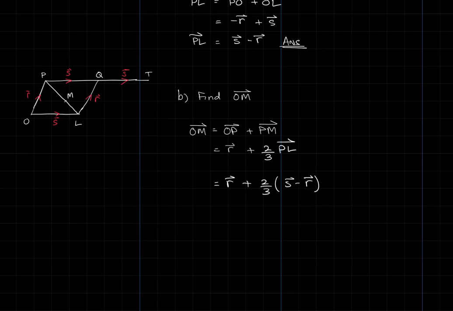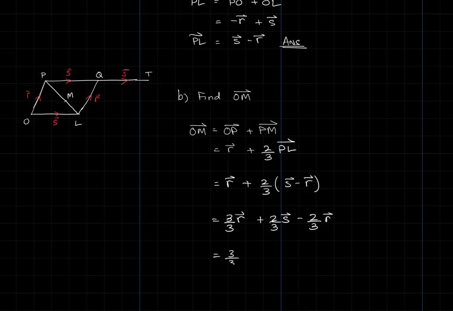Okay, we need to simplify this expression. So we have this 2/3 multiplied into here. So we have 2/3 S minus 2/3 R. And we have R over here, which is the same thing as 3/3 or 1 R. Cool.